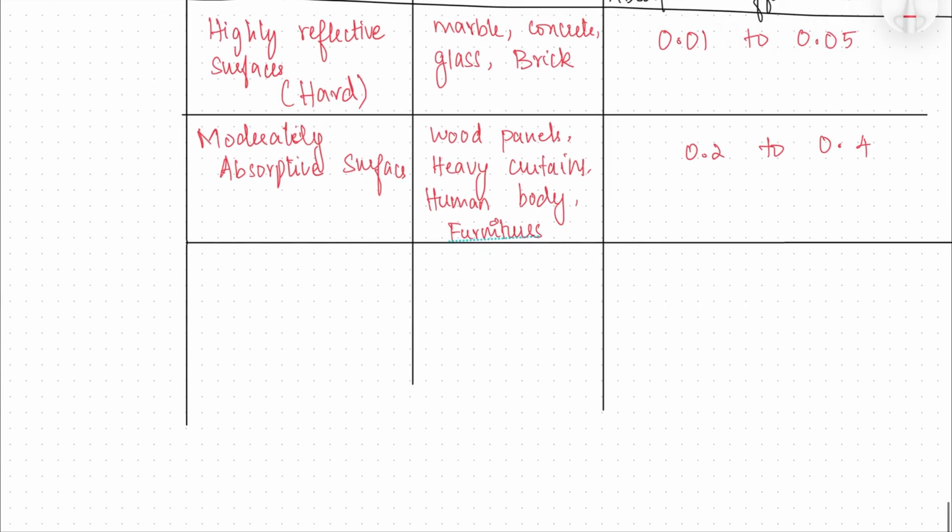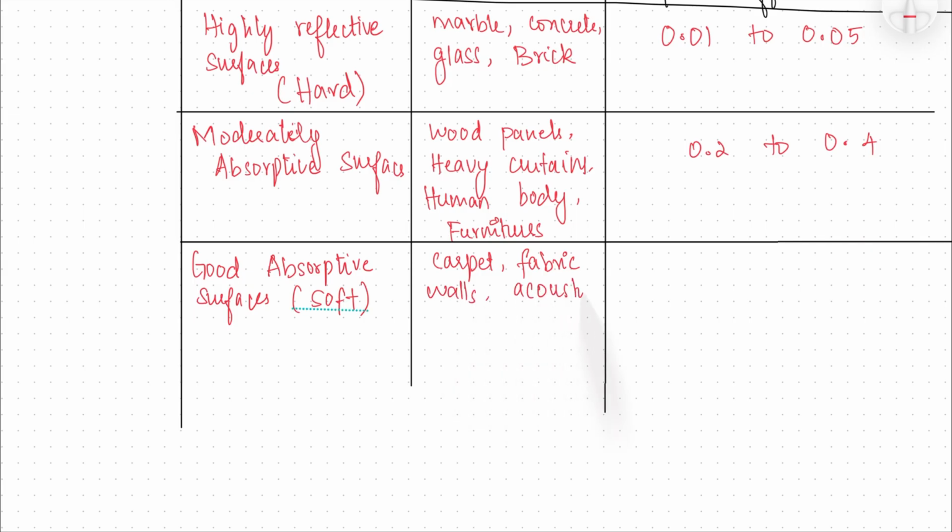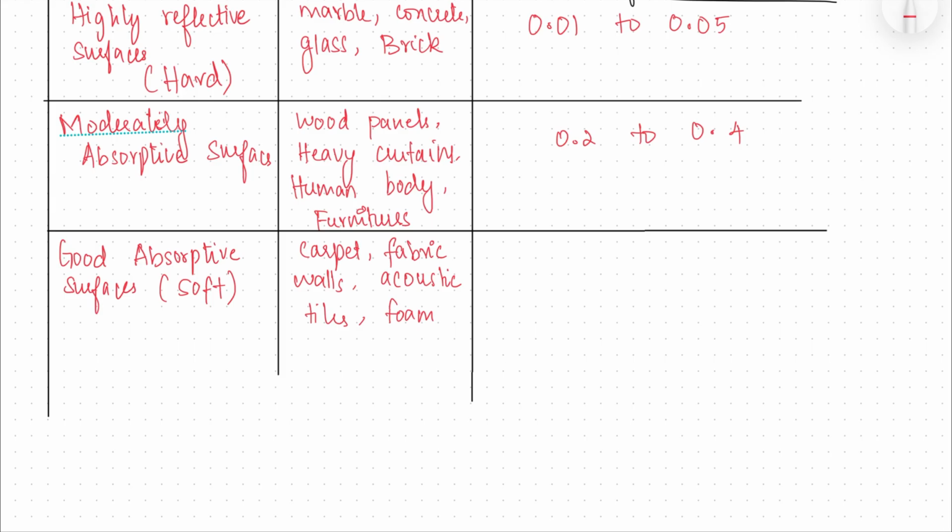Then you have good absorptive surfaces, soft surfaces like carpet, fabric wall, acoustical tiles, even foam. These are all softer materials and they have good absorption of 0.5 to 0.8.